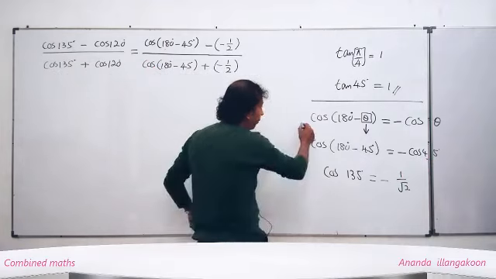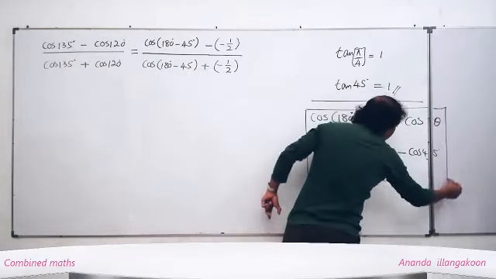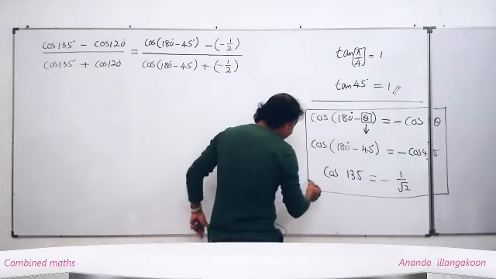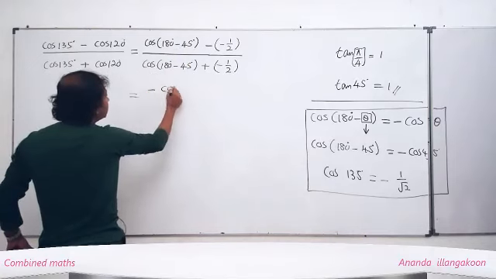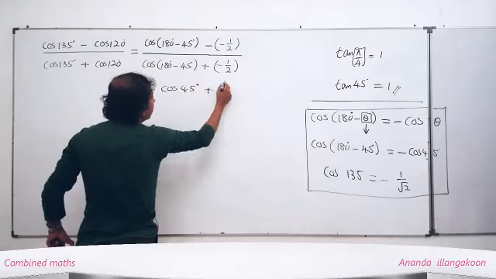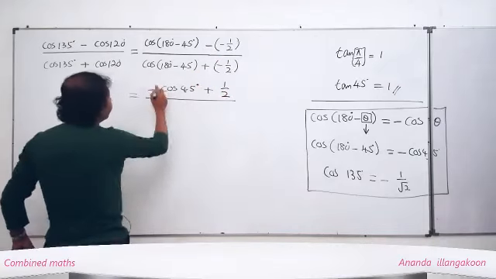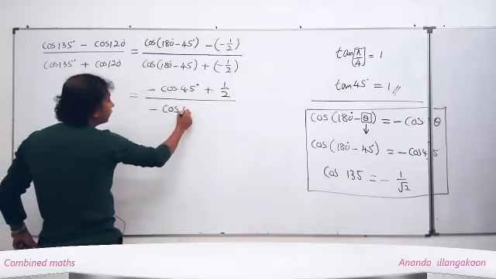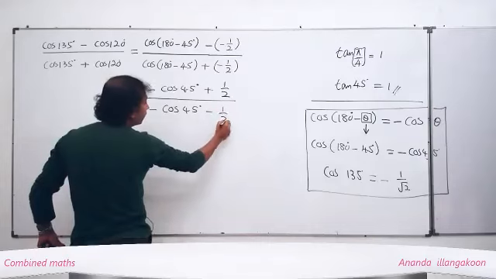Okay, right. So you have to write this in a separate place, people, or else here also we can take. Right. You can write this as how? Minus cos 45. This minus and this minus make plus half. Here minus cos 45, plus and minus minus like this.